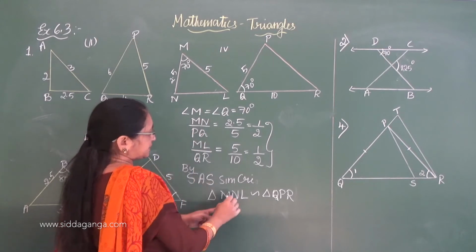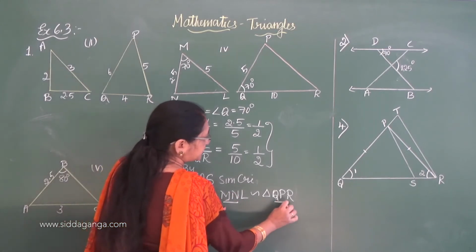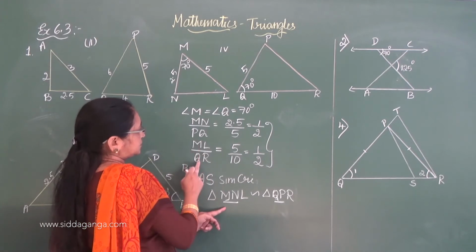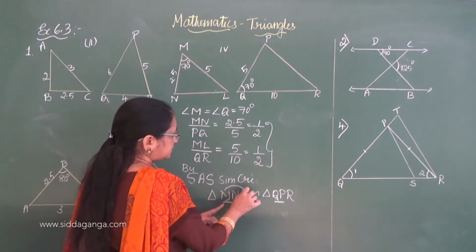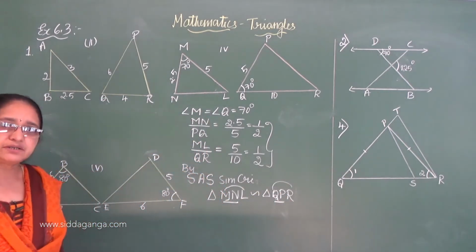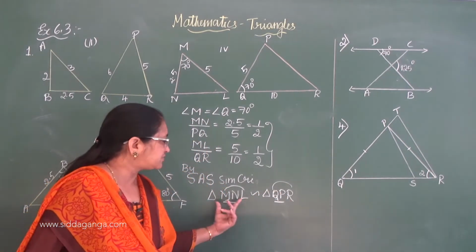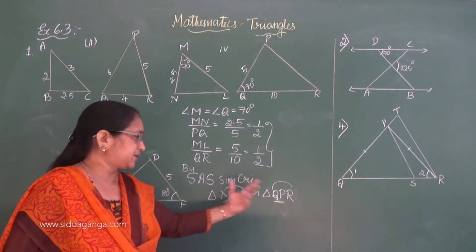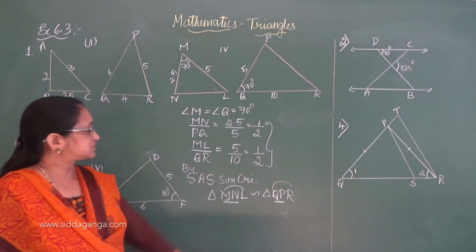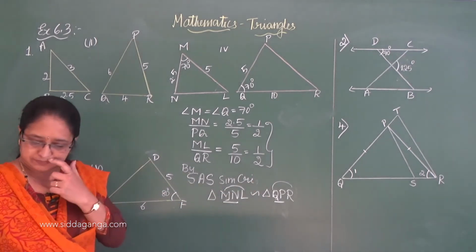Then MN by PQ is equal to ML by QR, correct. So like that, after writing also you can check, or before writing you be cautious and write properly. Okay. So this is how you have to write it.